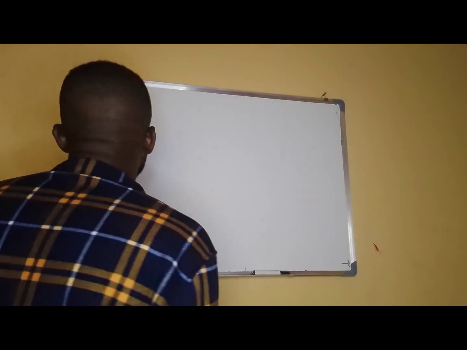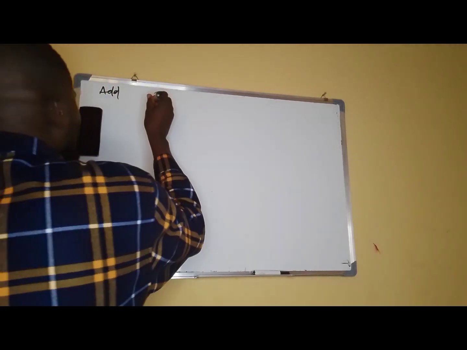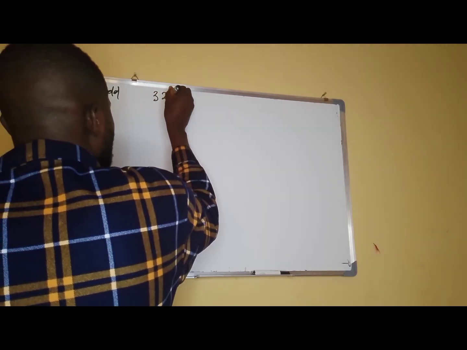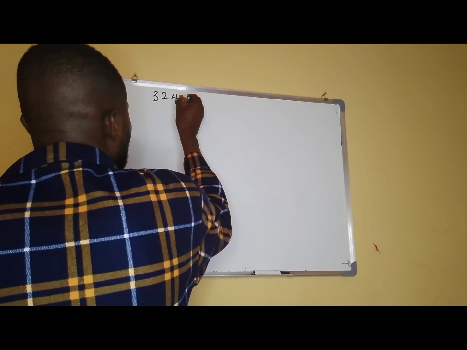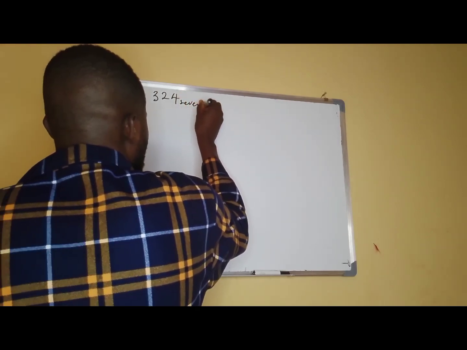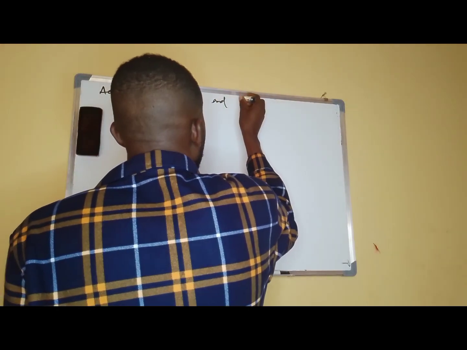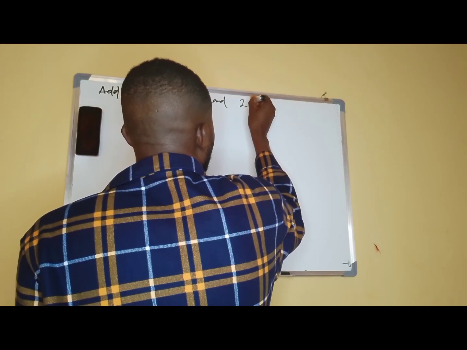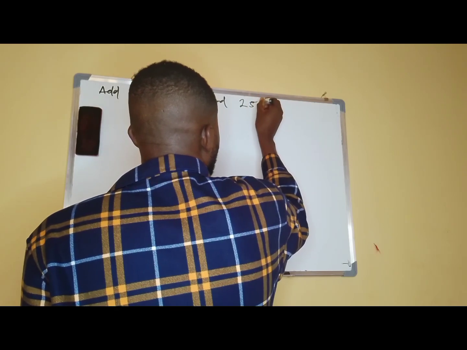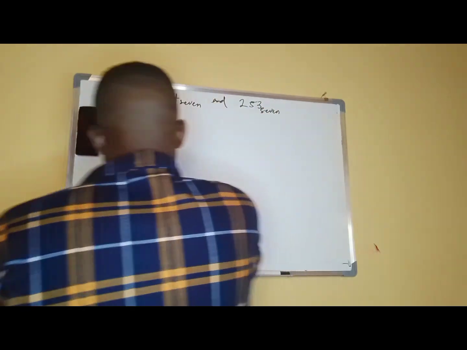Let's say add 324 base 7 and 253 also in base 7.